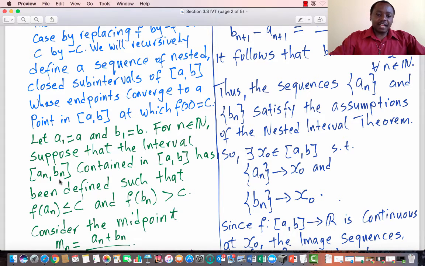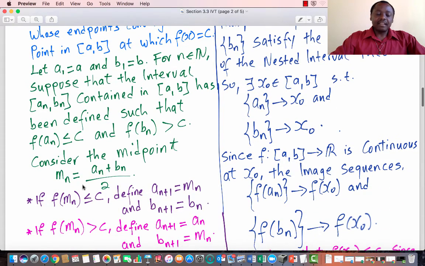Suppose that the closed bounded interval [an, bn] contained in [a, b] has been defined such that f of an is less than or equal to c and f of bn is strictly greater than c. Let us define the midpoint of our interval [an, bn] as mn equals an plus bn divided by 2. We have a couple of cases here.